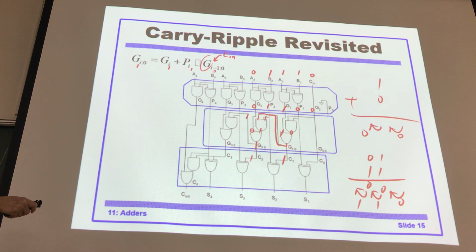After you're done here, you get it, and then you go through this, and then through this. So this is the propagation delay. But each bit stage is small, just one AND gate and one OR gate, and this can actually be one compound gate. You set it up as a single compound logic gate, so just a simple gate for each bit position to generate the carry out for your left hand side.